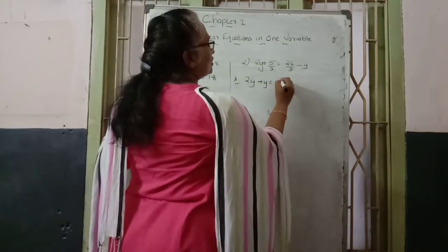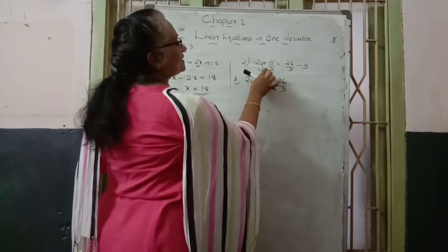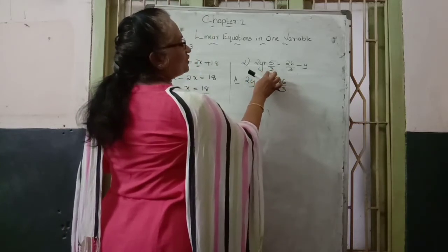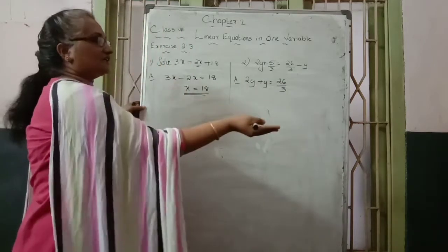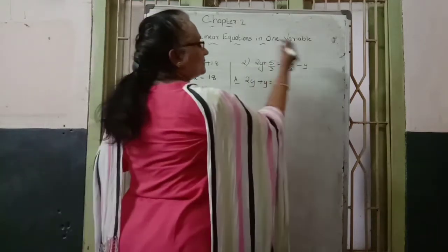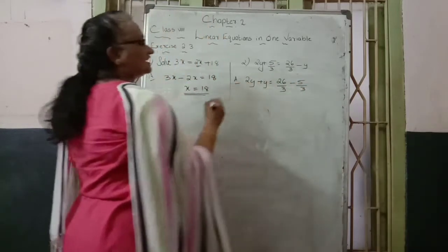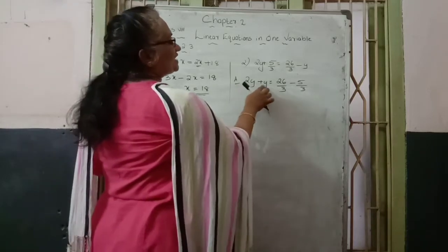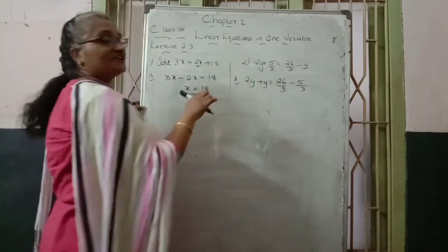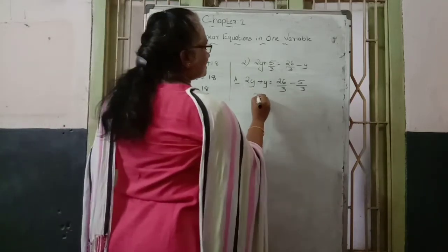The right side already has the constant term 26/3. From the left side, the constant term is plus 5/3. That term is sent to the opposite side, plus goes to the opposite side and becomes minus 5/3. Then take the coefficients of y. Here the coefficient of y is 2 and here it is 1, and the operation is addition, so 2 plus 1 becomes how much?